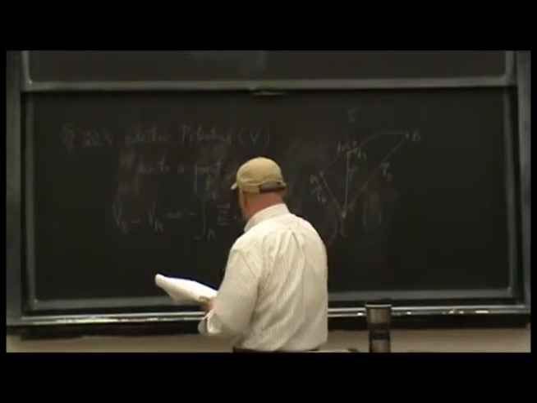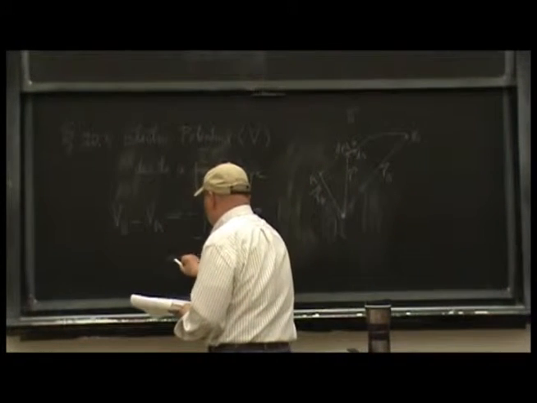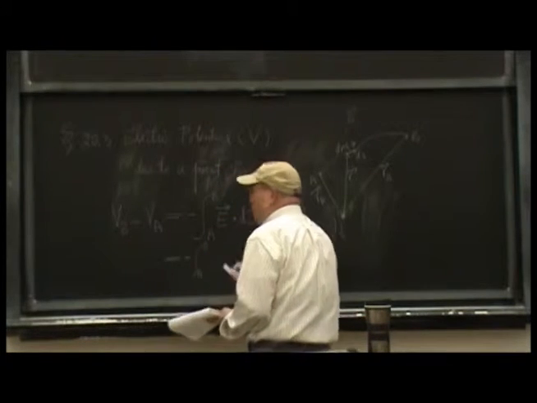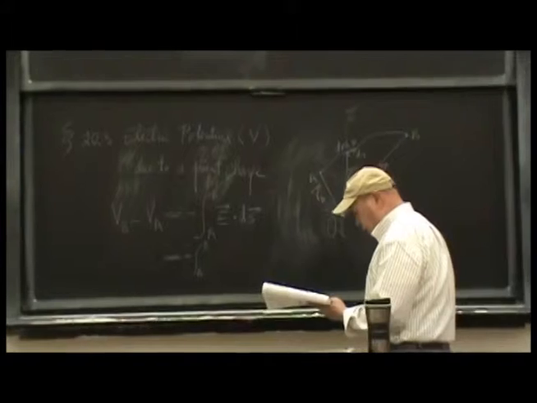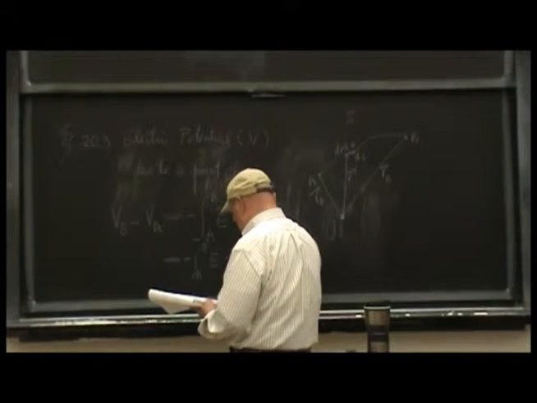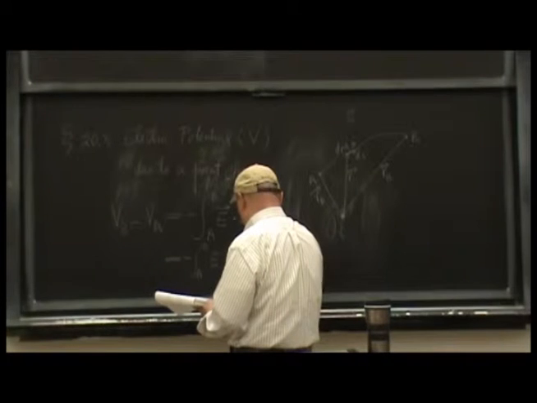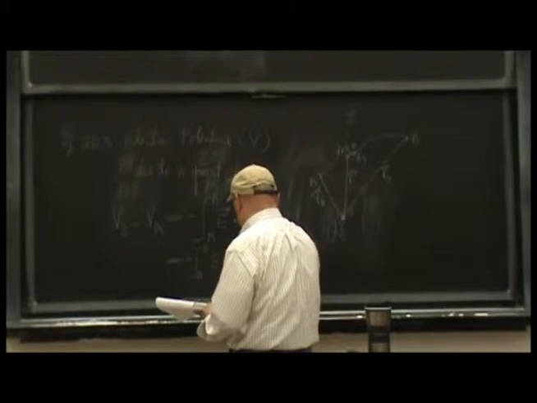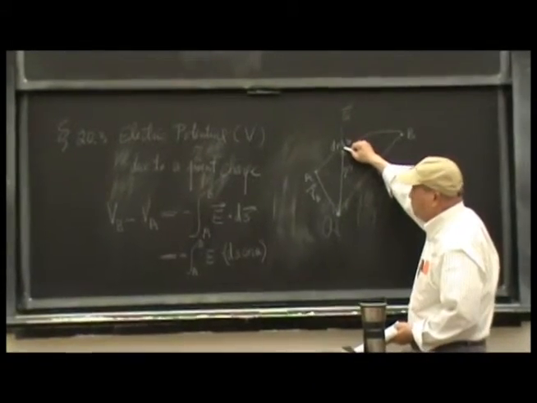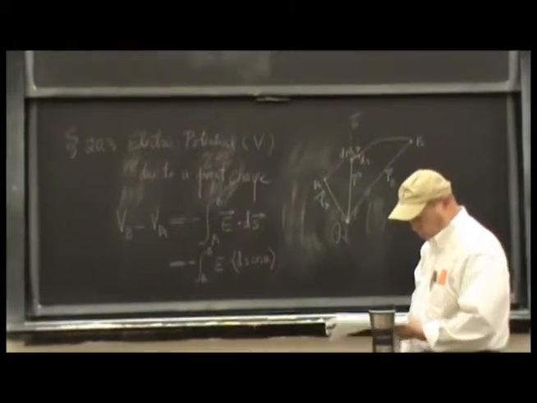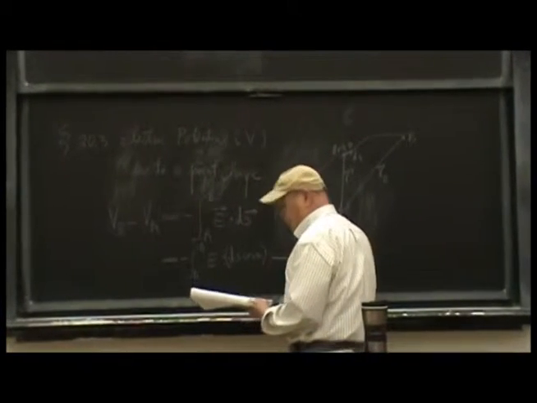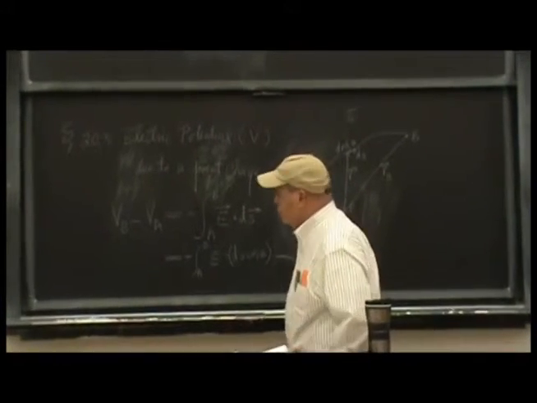So one thing we like to say is minus the integral from A to B. E dot ds is equal to E times ds times cosine theta, since the angle between them is theta and the dot product gives cosine theta. And what is the electrical field?